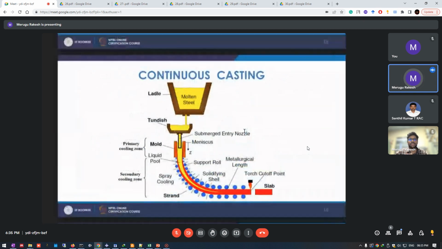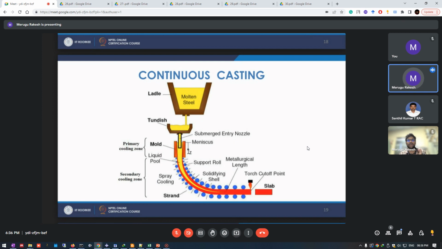So this is the continuous casting method. So in this we can directly produce slabs. So we can see here slabs. So we completely melt the metal, then we pour into the tundish, followed by a copper mold in which this molten metal enters.